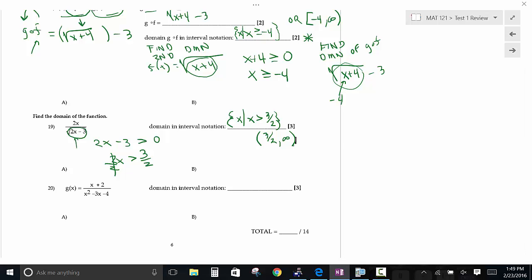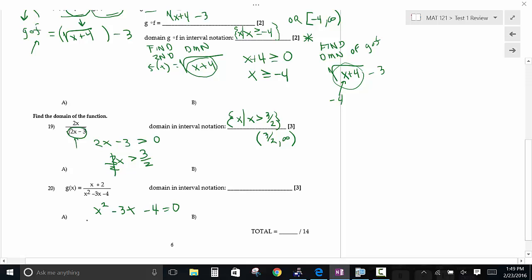Okay, the next problem, what we want to do on this is figure out what makes the denominator 0. This one's kind of hard to do in your head, so I would recommend that you just write it down. How do you solve that equation? Factor, right? So you're going to factor.